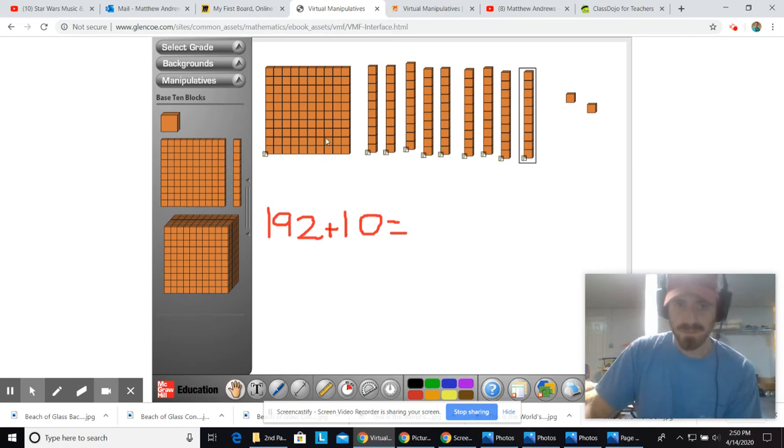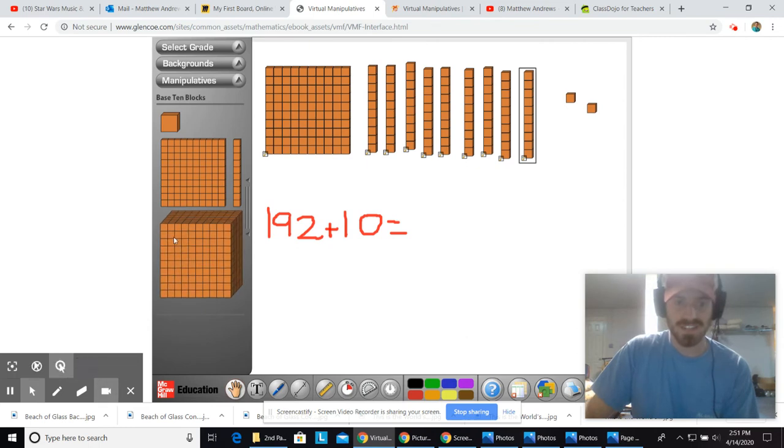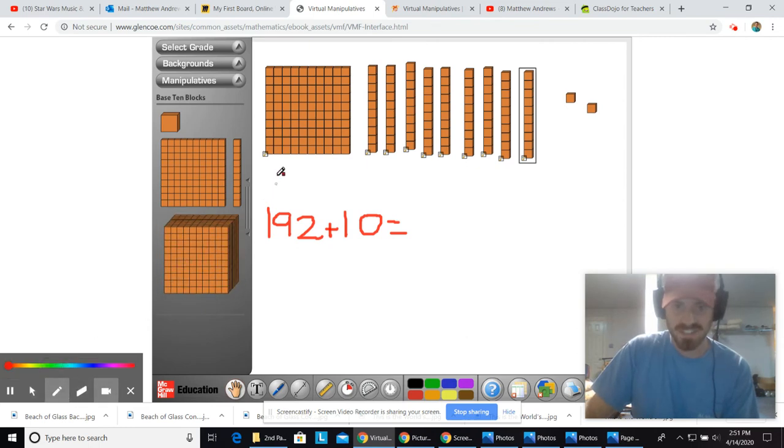So remember that in 100, there are really, sorry about the phone, there are really 10 tens. There are 10 of these right here inside of this. So really what you need to think about is that I have 10 tens here.